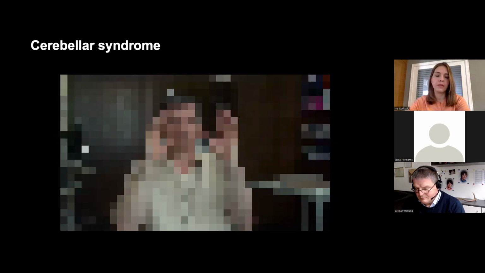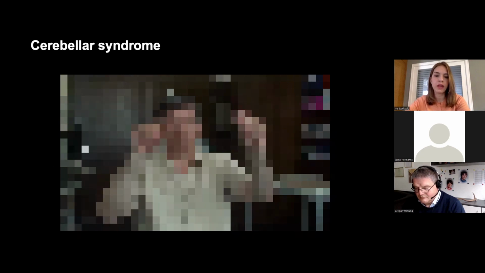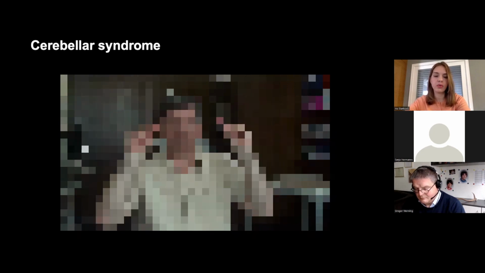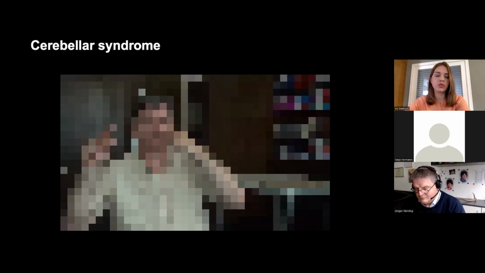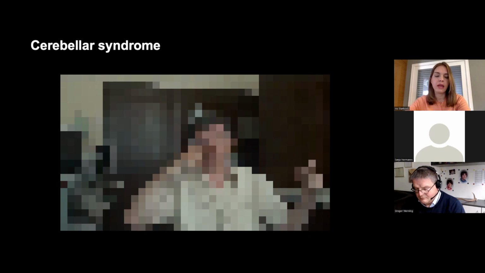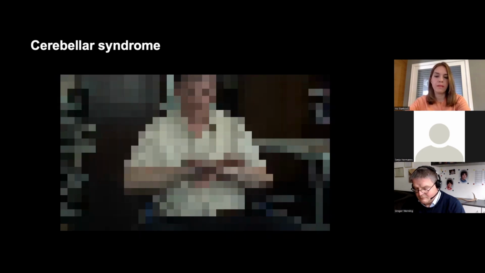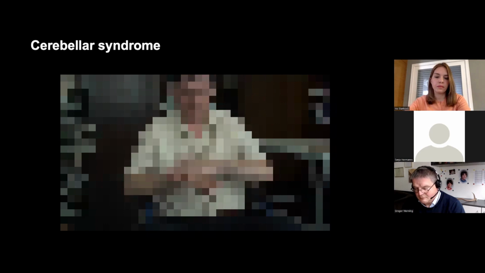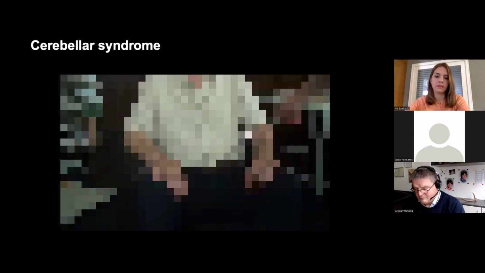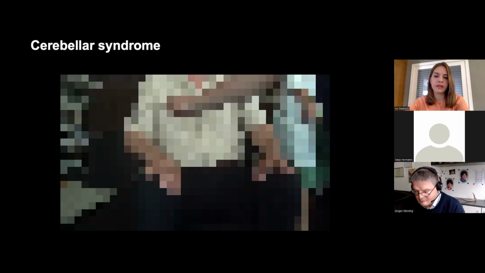He had emotional incontinence, which is a red flag, actually a supportive feature of MSA diagnosis. You can see bradykinesia bilaterally and also ataxia. And hyperreflexia as well.